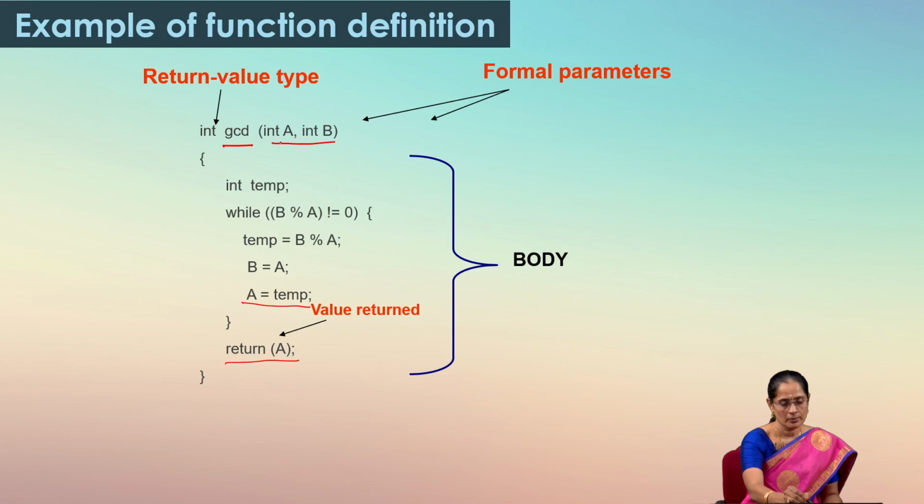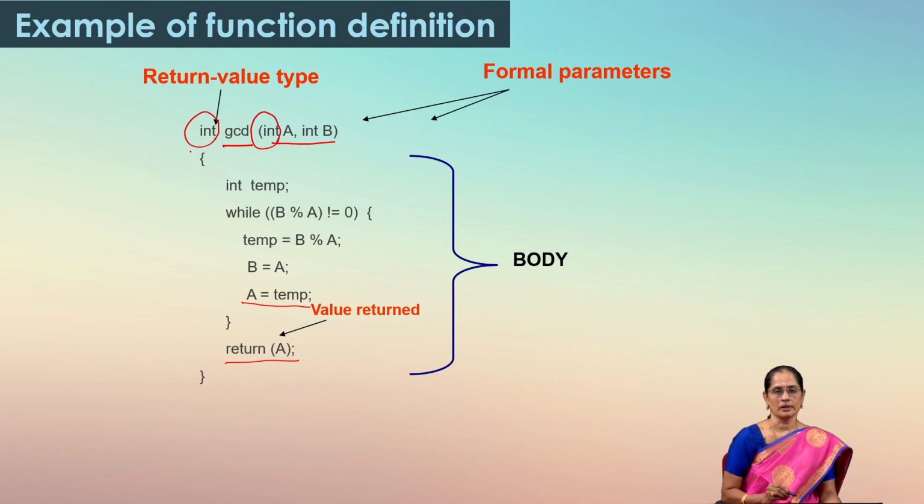The data type of the parameter A is int. So, the return type should also be int. This is how the compiler will be able to identify that the value returned from the function should be of the same type, and it should be stored or passed on to the other variable in the calling function.